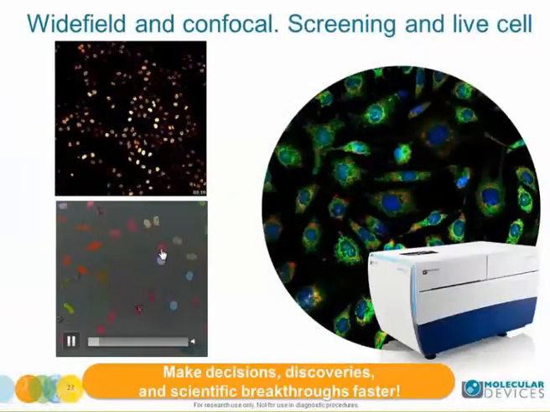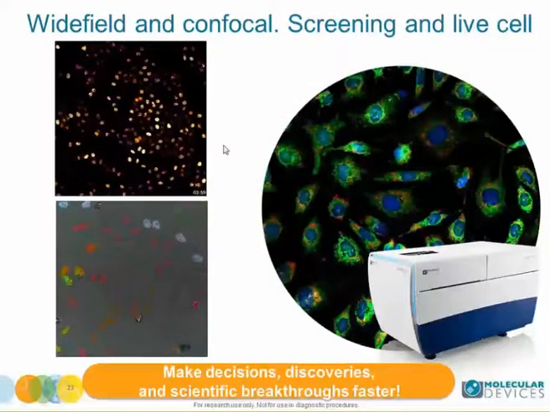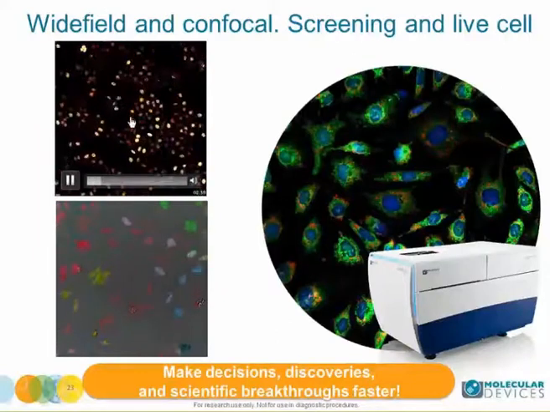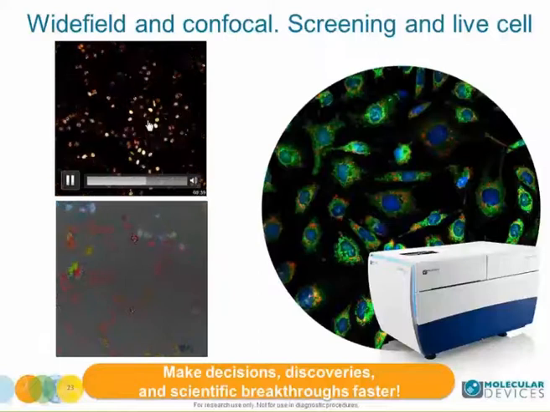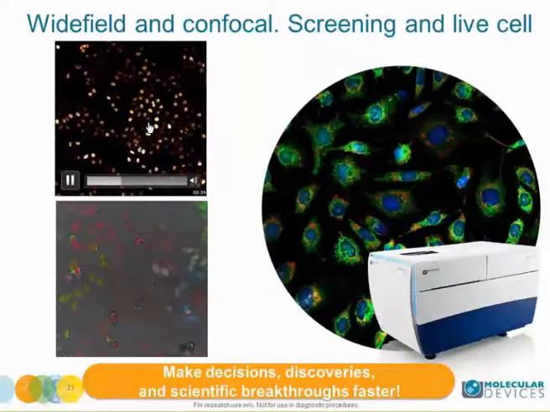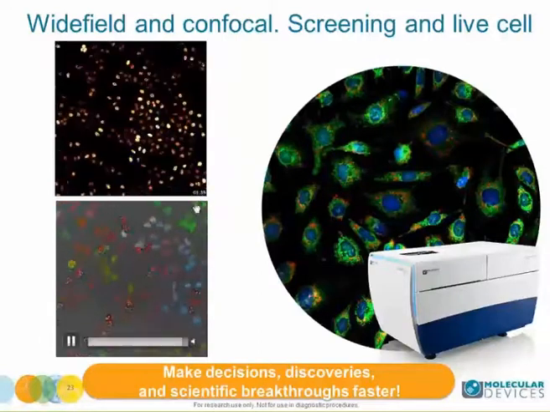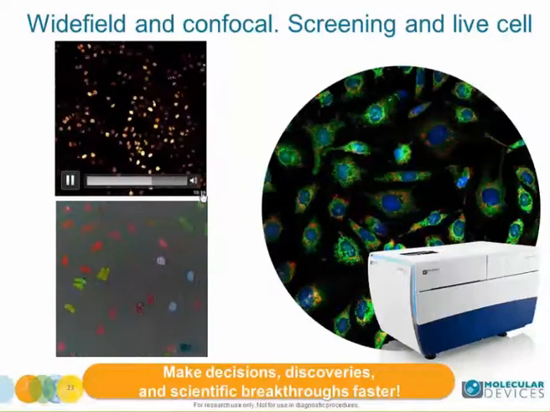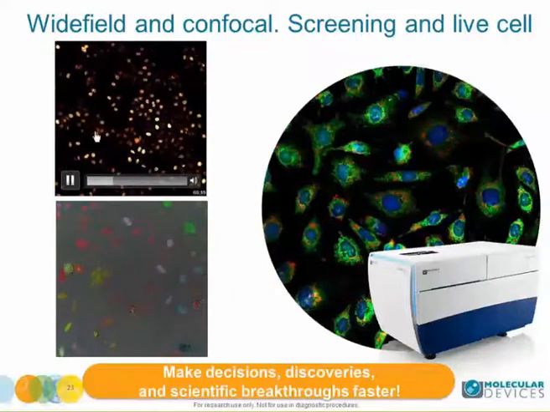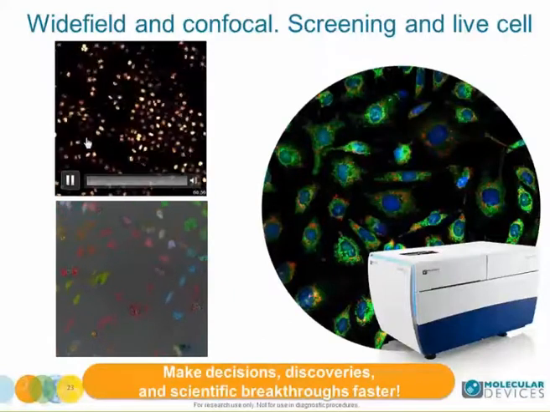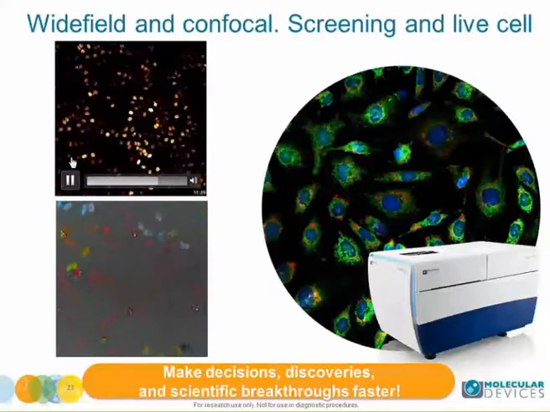Just because you're moving to confocal doesn't mean you can't do live cell assays. So at the top is a sensor that gets very bright in the nucleus and shows a punctate pattern when the cells are in S phase. This movie is taken over 16 hours in confocal mode, and you can see some of these cells are dividing. Right here, these cells are dividing.